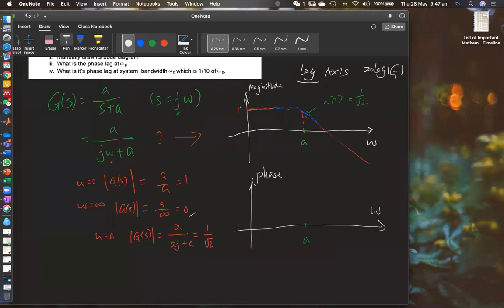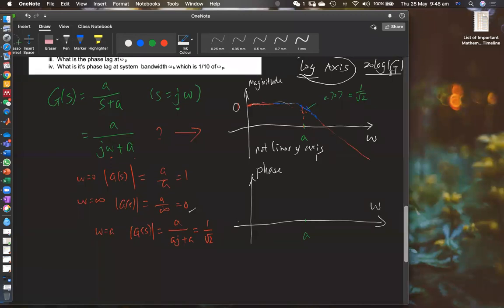All right? And this is going to be 1. Actually, it is 20 log 1. This becomes 0. You understand? So we draw this thing into a logarithmic axis. That's why it becomes flat and then goes down. So this is not a linear y-axis. It's a logarithmic y-axis. All right. Sorry, I didn't mention that part.